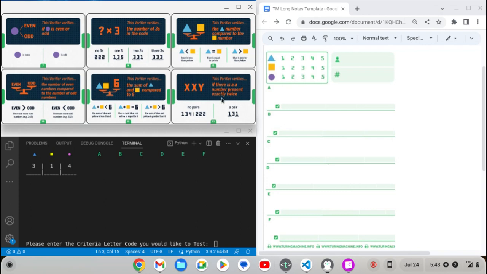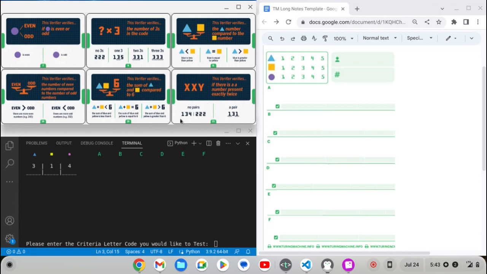And finally, criteria card F again looks at our 3-digit solution, but will let us know a little bit about its structure. Specifically, is there a pair in the solution, as in the example 131, or is there no pair? And in that case, there are 2 possibilities.